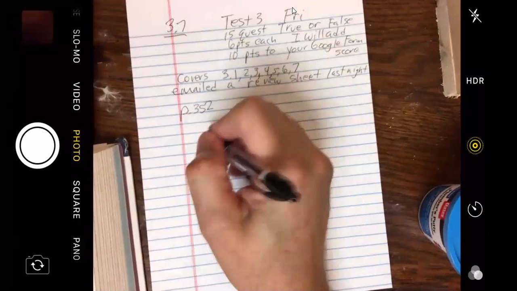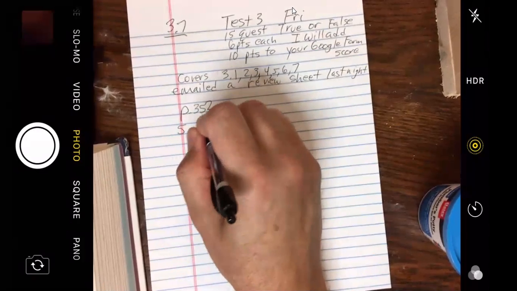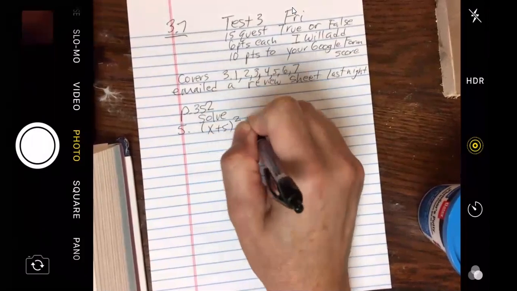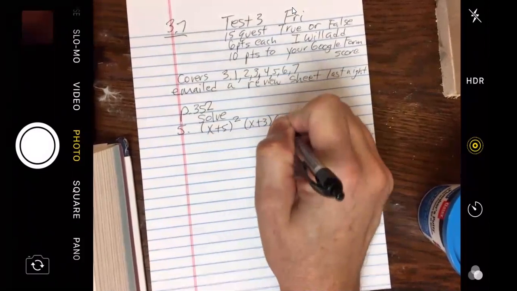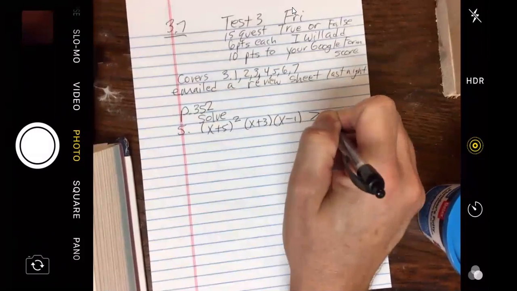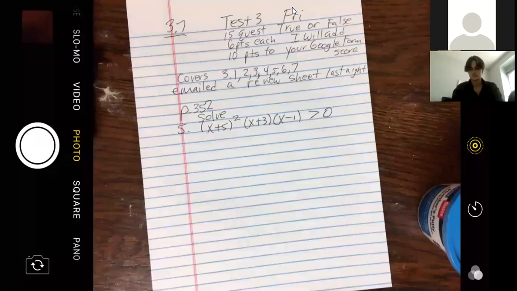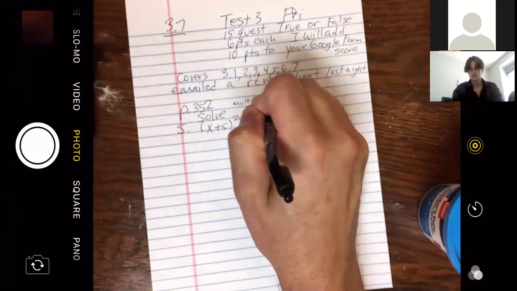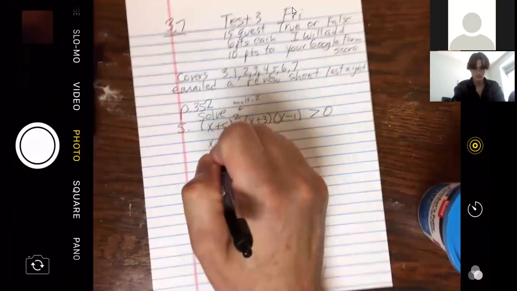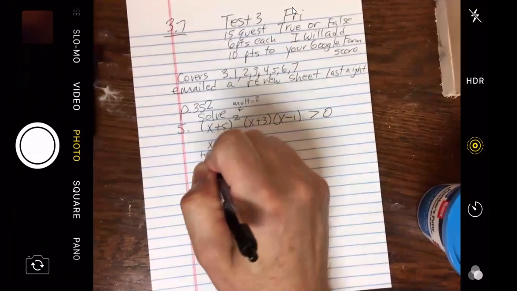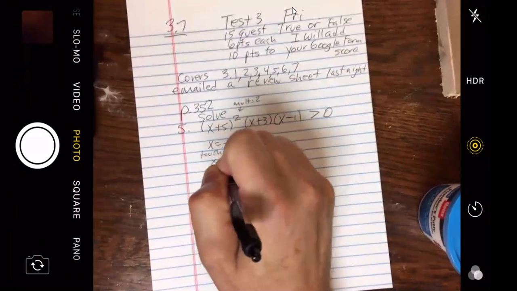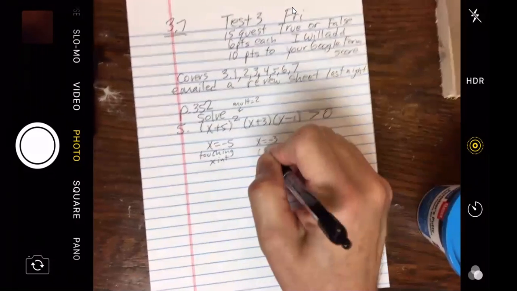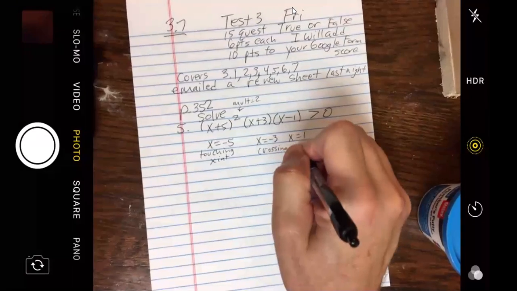Problem 5. Solve (x plus 5) squared times (x plus 3) times (x minus 1) strictly greater than 0. Okay, don't let this square throw you. This is a multiplicity 2, which means x equals -5 is a touching x-intercept on the graph, whereas x equals -3 and x equals 1 are crossing x-intercepts.